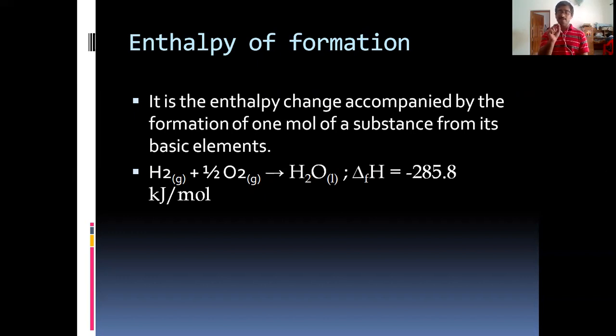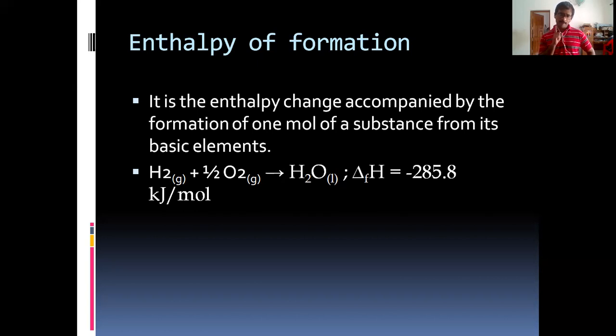Here the enthalpy change is known as enthalpy of formation of H2O, that is equal to minus 285.8 kilojoule per mole.